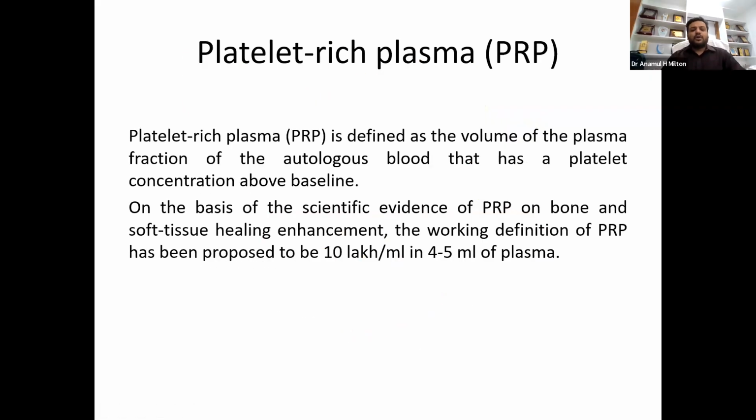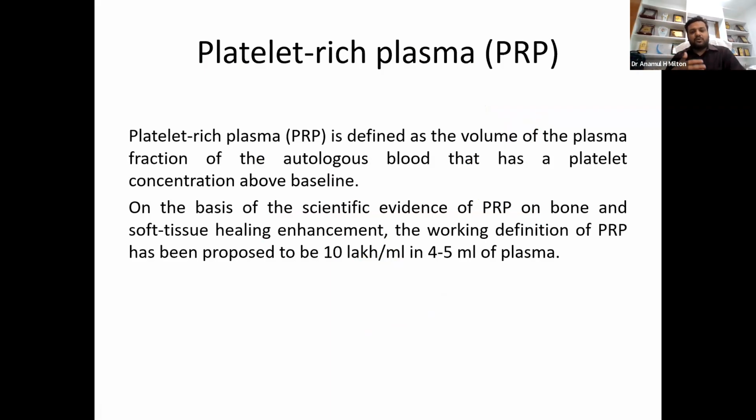Is my slide moving or not? Okay, yes. So what is PRP? PRP means platelet-rich plasma. Platelet-rich plasma is defined as the volume of plasma fraction of autologous blood that has a platelet concentration above the baseline. So before doing PRP, we have to calculate the baseline platelet concentration.